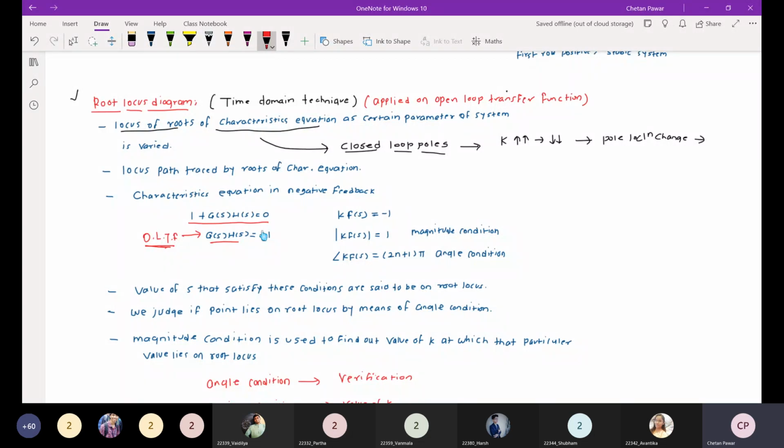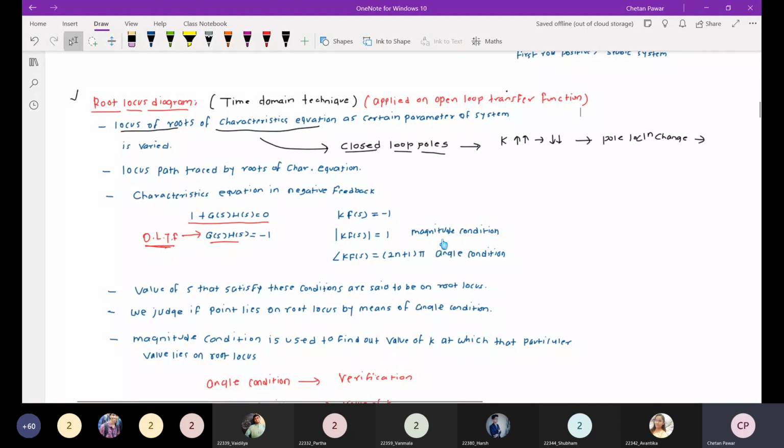Now if you see this condition, G(s)H(s) equal to -1, we can replace that with K into F(s). So we can put the magnitude or gain outside that way. K F(s) is equal to -1. If you take the magnitude of this, you will get that the magnitude will be equal to 1.